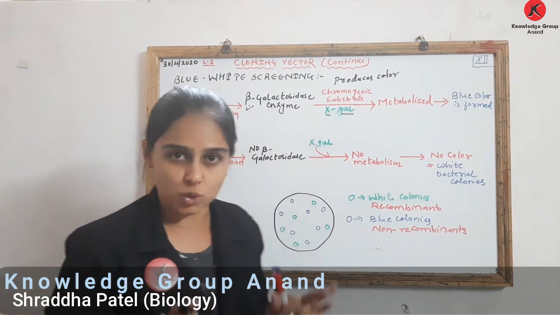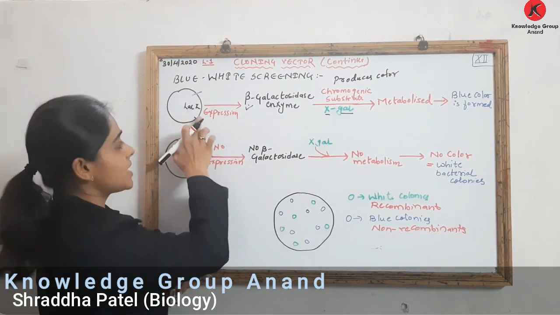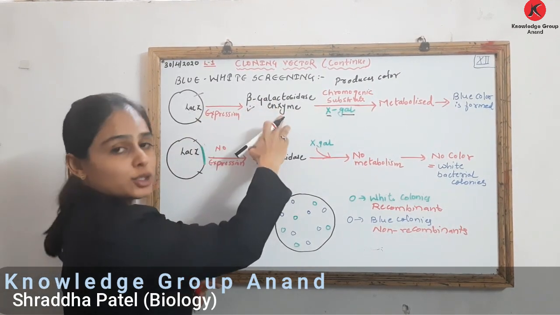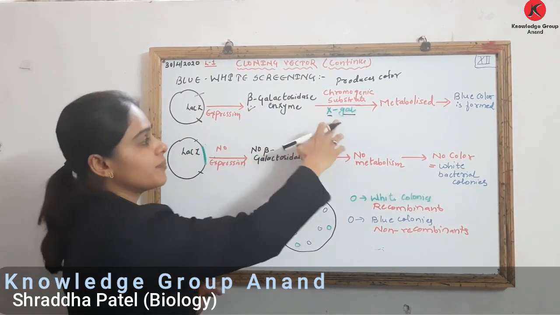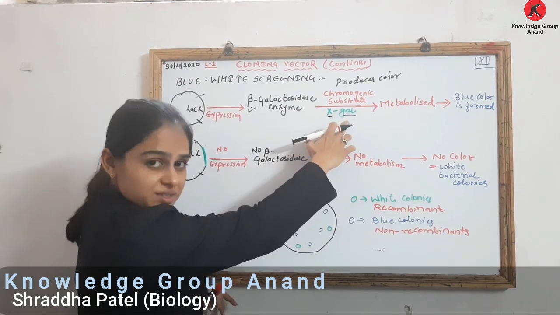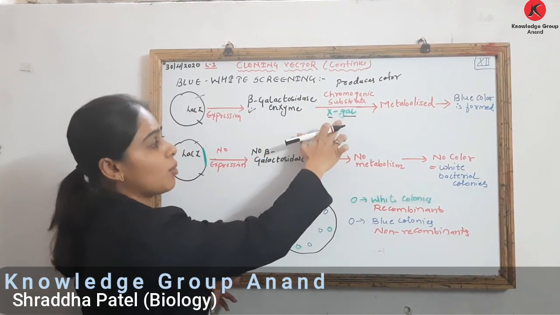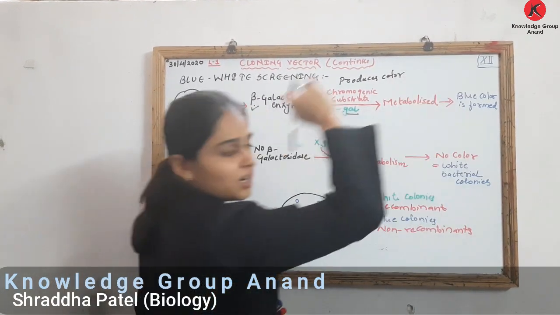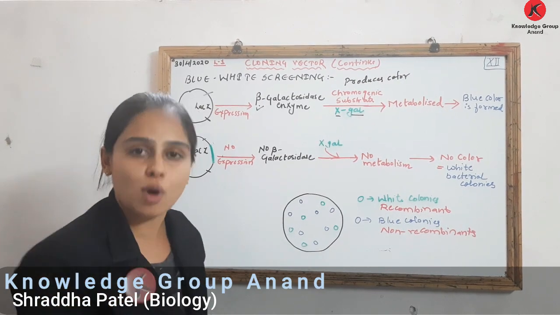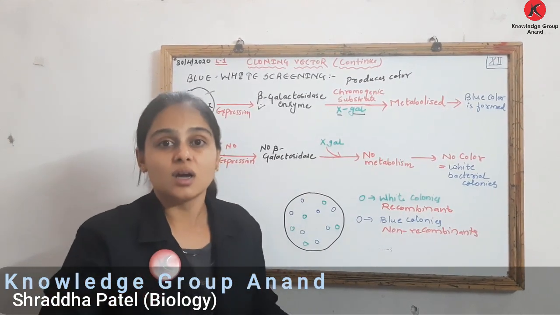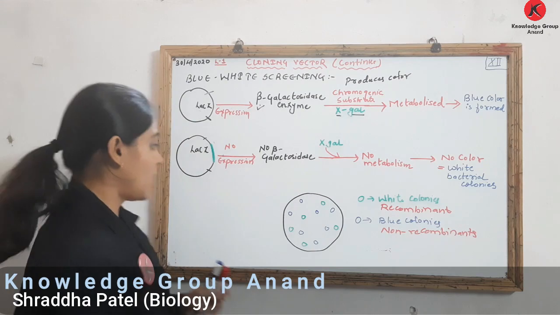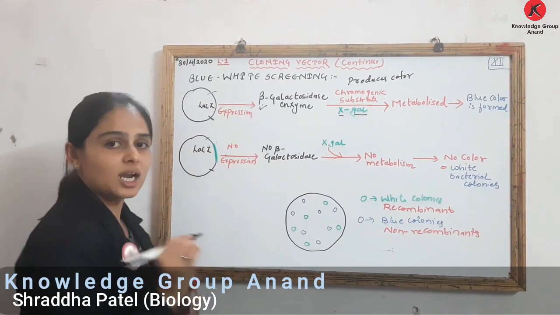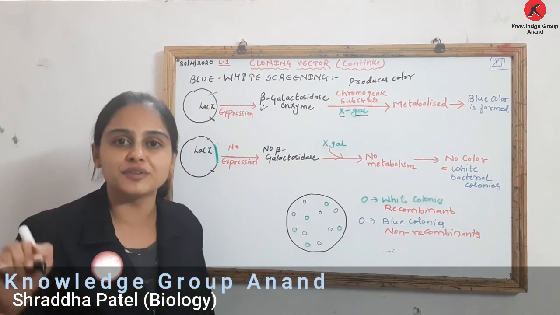Simple process है ये. Okay, ये बैक्टीरिया में LAC-Z gene, this gene expresses to form beta galactosidase. Okay, अब मीडियम में क्या डाला हमने? X-gal. Upon metabolizing this X-gal by beta galactosidase, आपको कौन सा कलर मिलने वाला है? Blue color will be formed. Okay, now if we are placing our gene of interest, this green color portion is the gene of our interest.